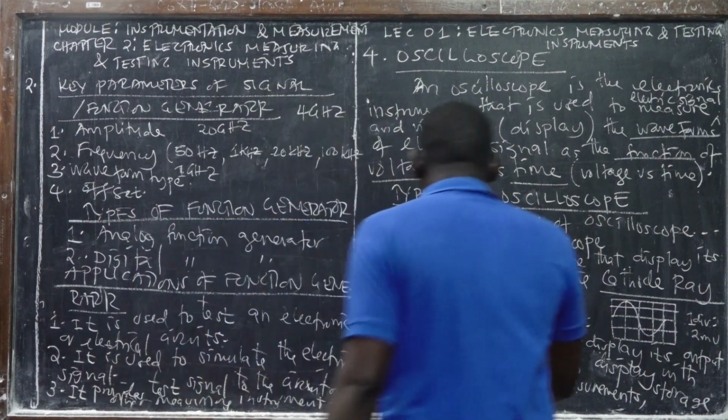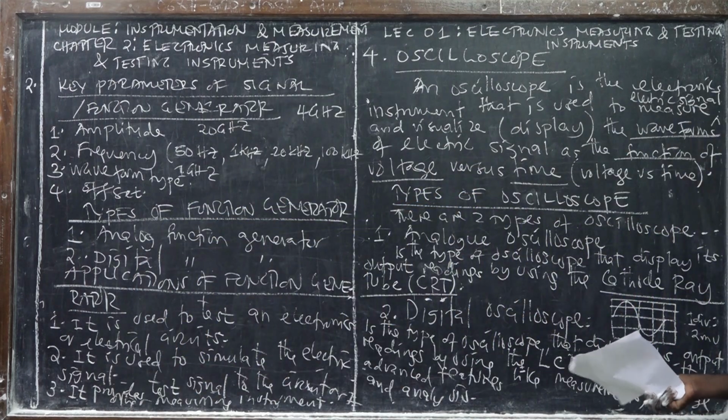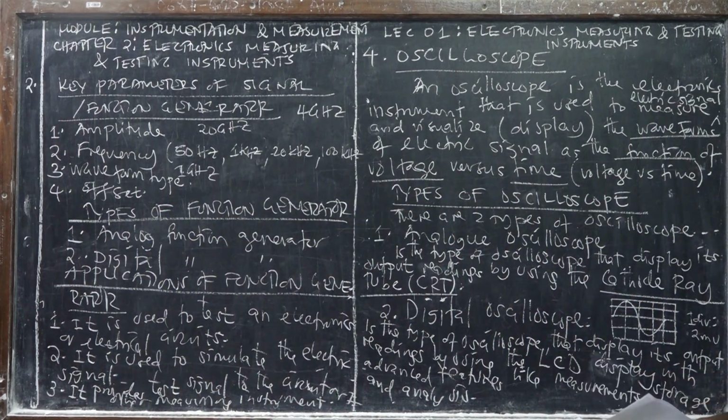So a digital oscilloscope is a type of oscilloscope that displays output readings by using the LCD display with advanced or additional features like measurements, storage, and analysis. It means with this digital oscilloscope, you can capture the waveform and take it by using a flash or external hard disk, and you can display or visualize it on your computer.